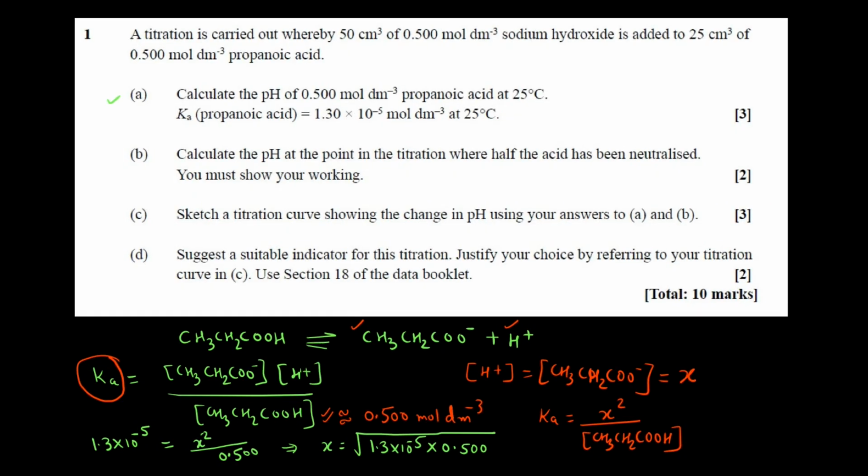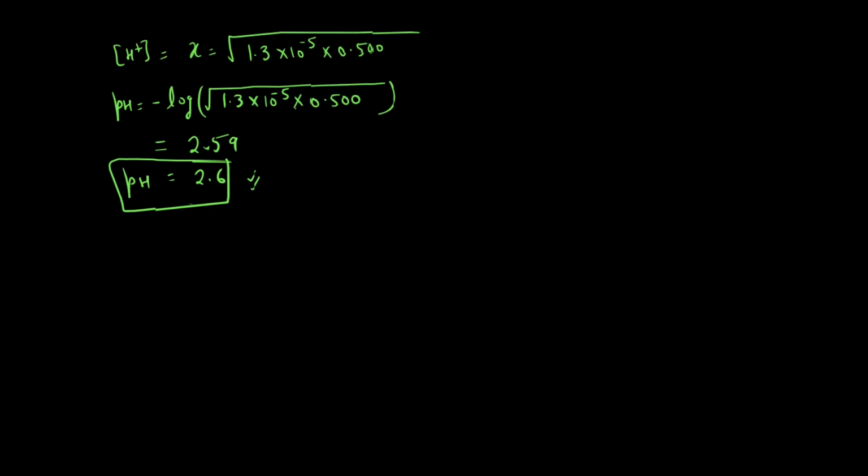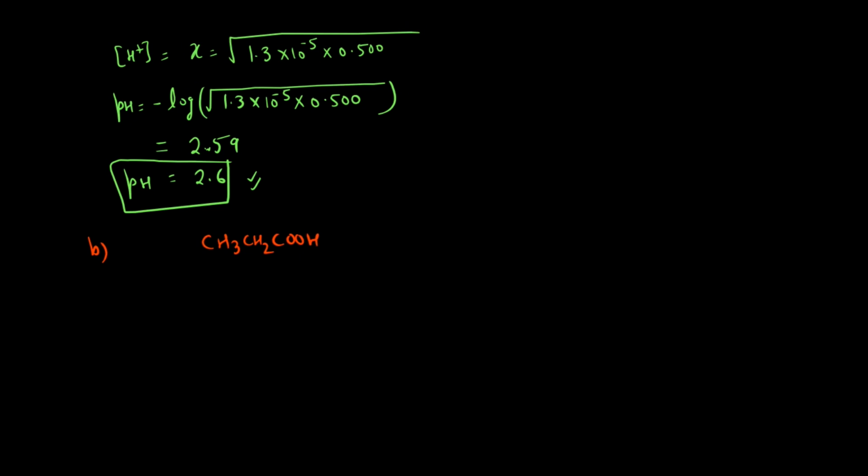Now the second part is: calculate the pH at a point in the titration where half the acid has been neutralized. Half the acid has been neutralized means that the CH3CH2COOH concentration is equal to the CH3CH2COO⁻ concentration.